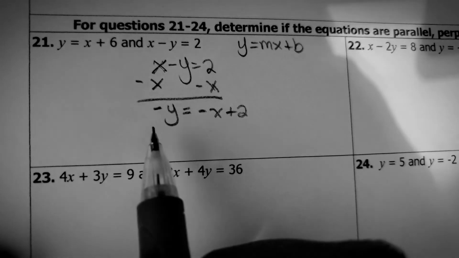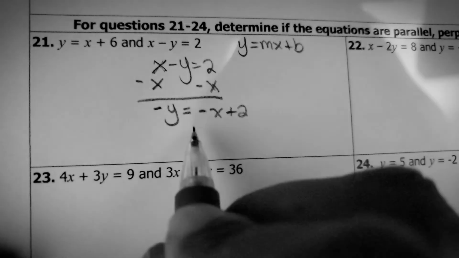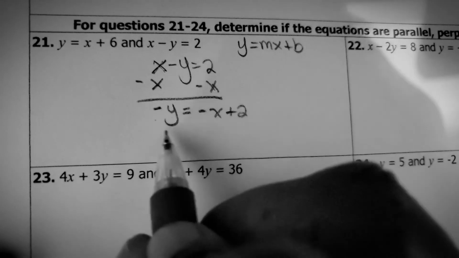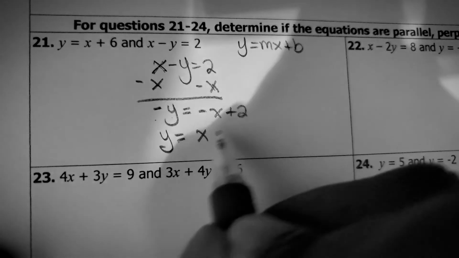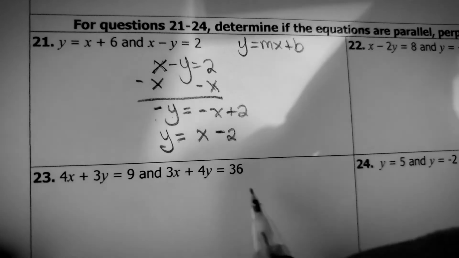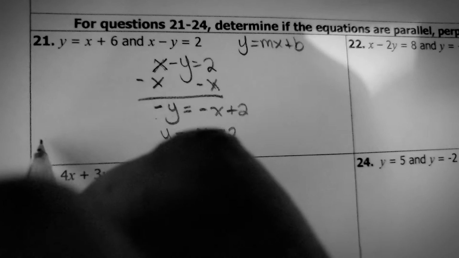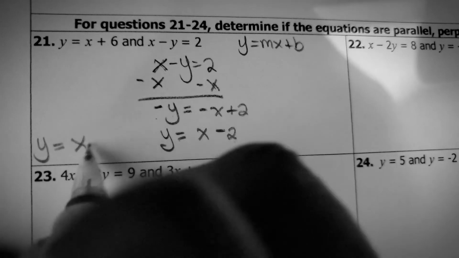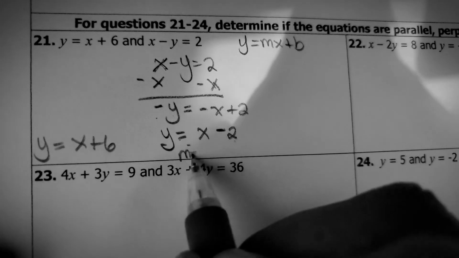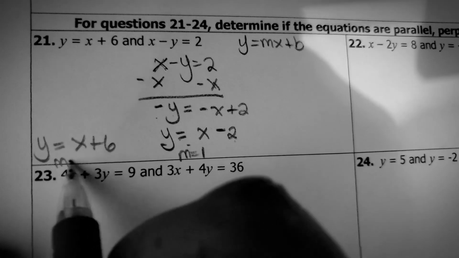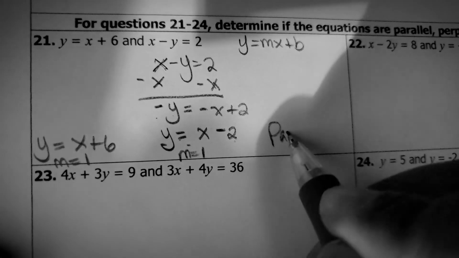And then to continue solving, y is not by itself yet, so I'm just going to divide out the negative, which means everything changes signs. So instead of a negative y, I now have a positive y, negative x now becomes positive x, and a positive 2 now becomes a negative 2. So now I have the equation y equals x minus 2, and the other one is y equals x plus 6. And both of them have a slope of 1. So because they both have a slope of 1, it means that the lines are parallel.